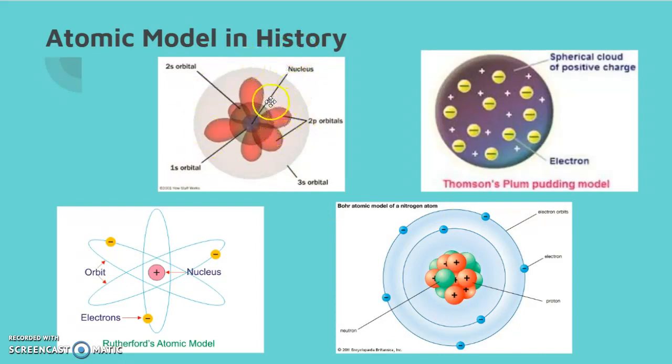Even more advanced than that, Einstein and a guy named Schrödinger made a lot of contributions to the understanding that electrons behave like light and matter at the same time. They move in a very unpredictable way, but what you see here with these little lobes are the shapes of orbitals, which are basically locations where the electrons could possibly be at some point in time.